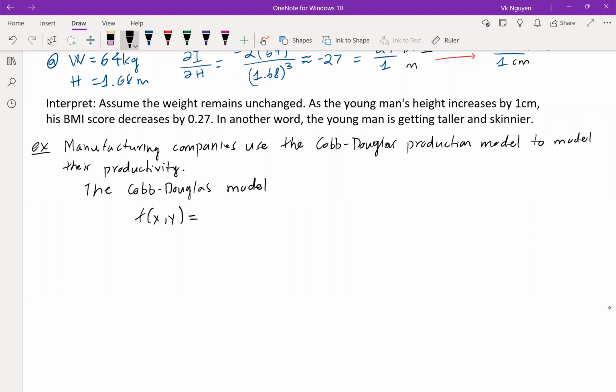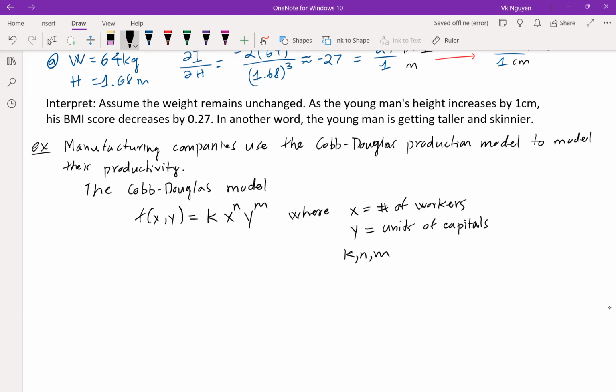F(x,y) equals K x^N y^M, where x equals number of workers, y equals units of capital, K and M greater than 0, and N plus M equals 1.